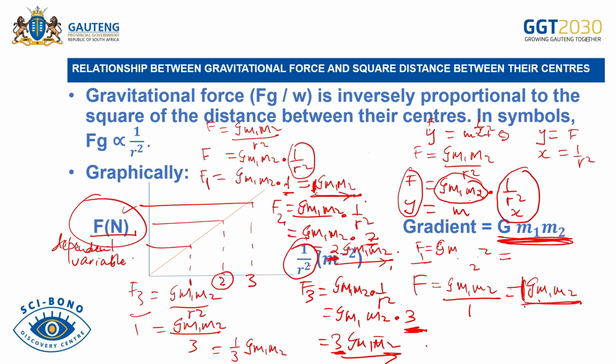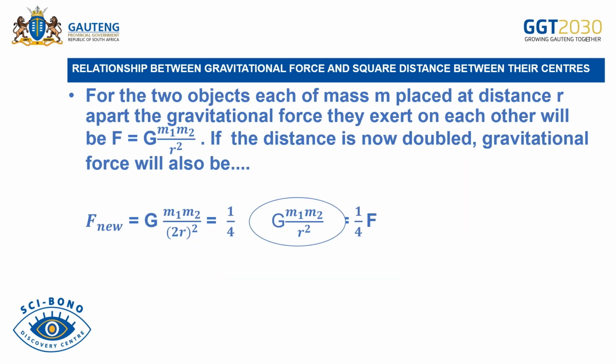You'll say gradient equals G m1 m2. The value of the gradient, then you know the value of G. Then m1 times m2, you will say m squared because they are identical. And then solve for m, you will be able to get the mass of one of those identical objects. That is very, very important.